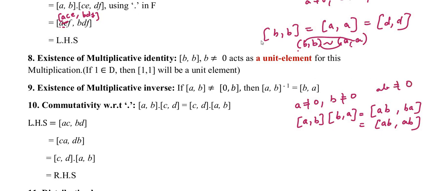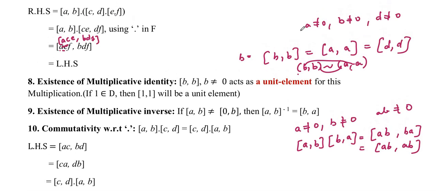And not only that, whenever A non-zero, AA will be the unit element. When B non-zero, BB will be the unit element. When D non-zero, DD will be the unit element. So when AB is not equal to 0, AB will be the unit element. So when you multiply AB with BA, you are getting the unit element, which means that this is the inverse of this. So the inverse of AB is nothing but class BA.